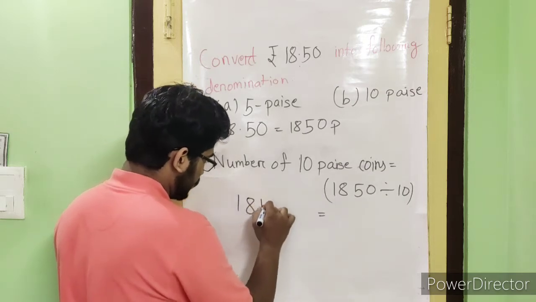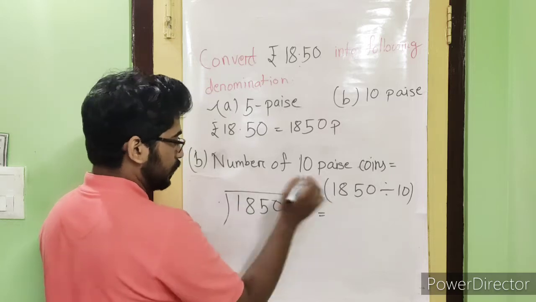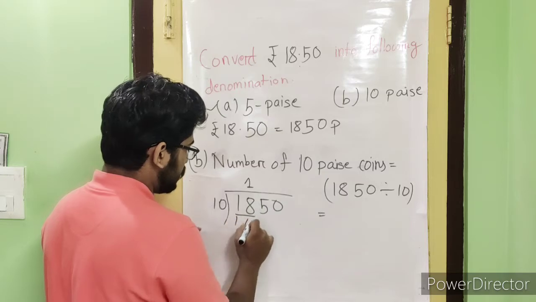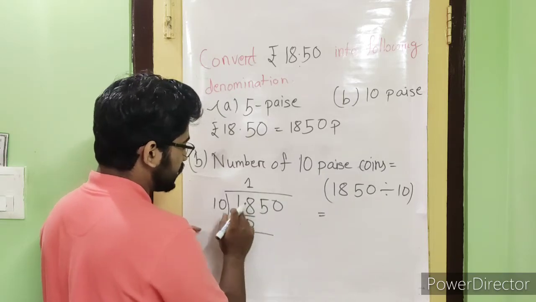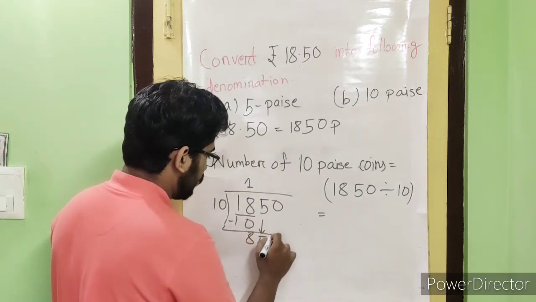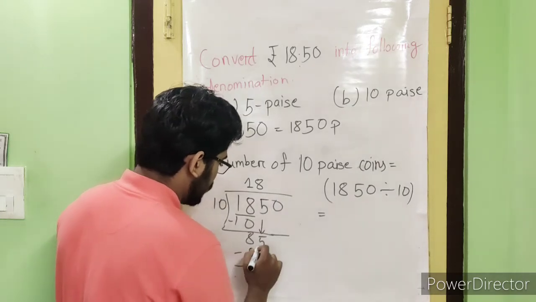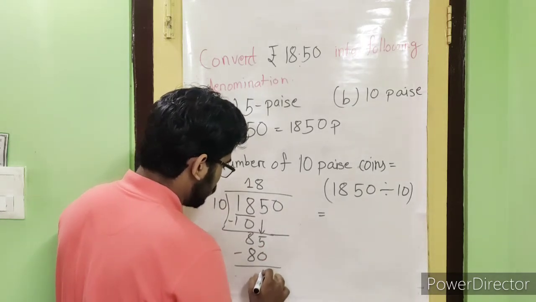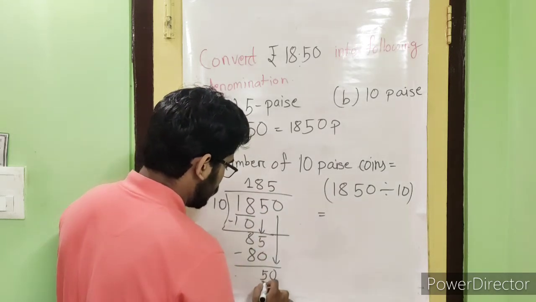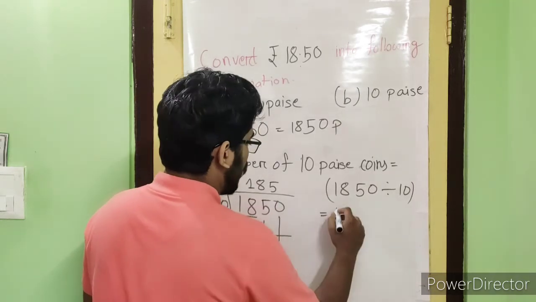So 1850 divided by 10. 10 1s are 10, 10 2s are 20, 20 is greater than 18, so 10 1s are 10, 8 remains, 85. 8 10s are 80, 85 minus 80 is 5, 0 comes here, 5 10s are 50, so 185.